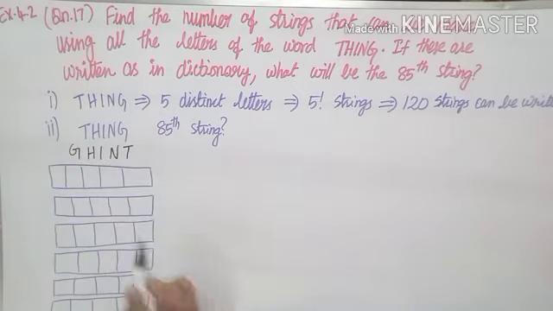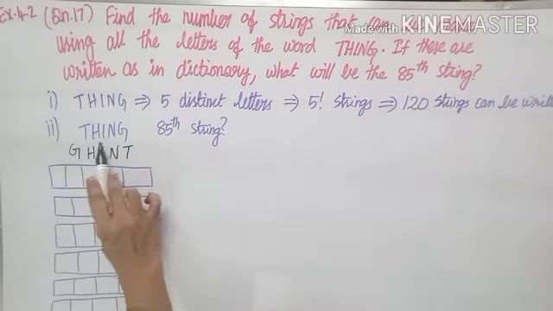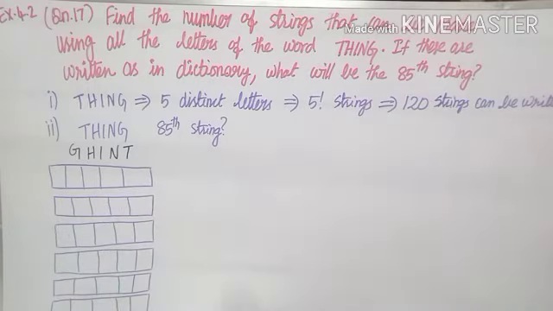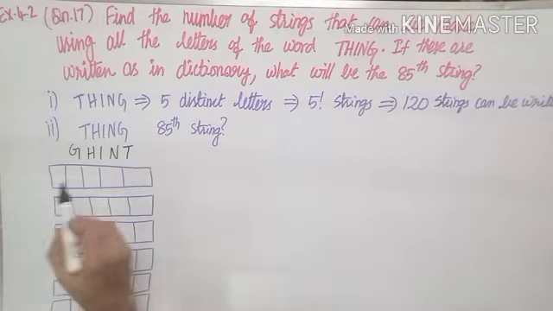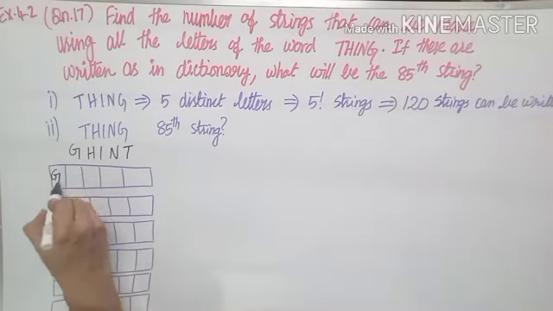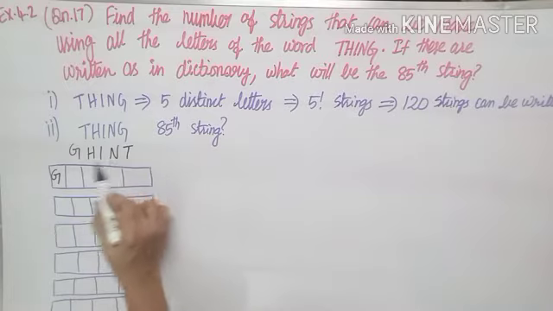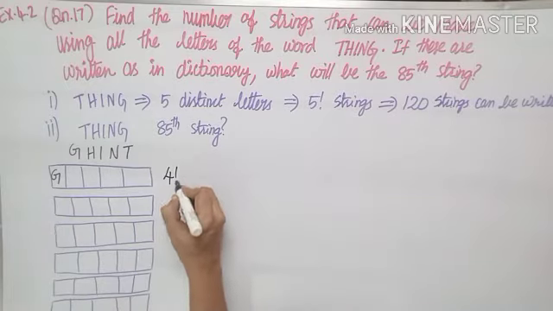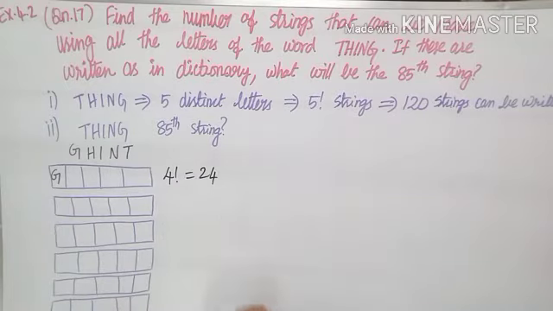G-H-I-N-T. So we have written the given letters in alphabetical order. There are 5 letters, so 5 boxes we have put. If G starts, the remaining 4 can arrange themselves in 4 factorial, that is 24.